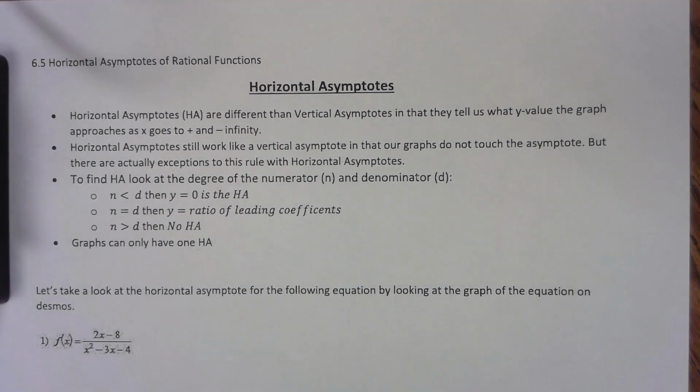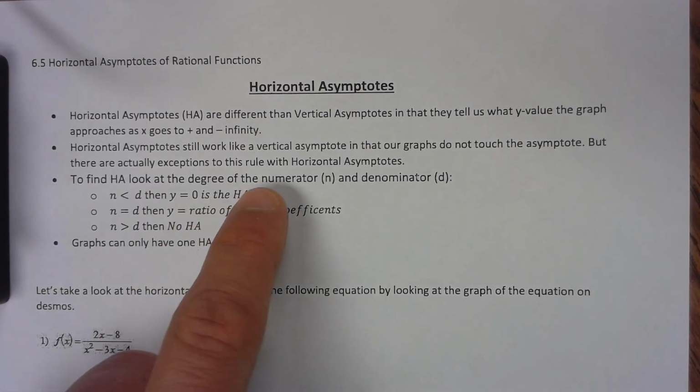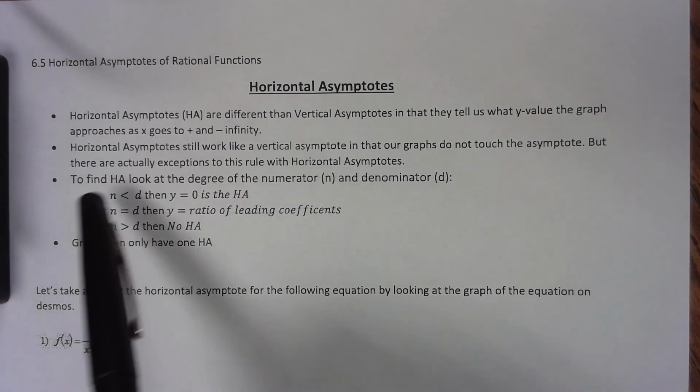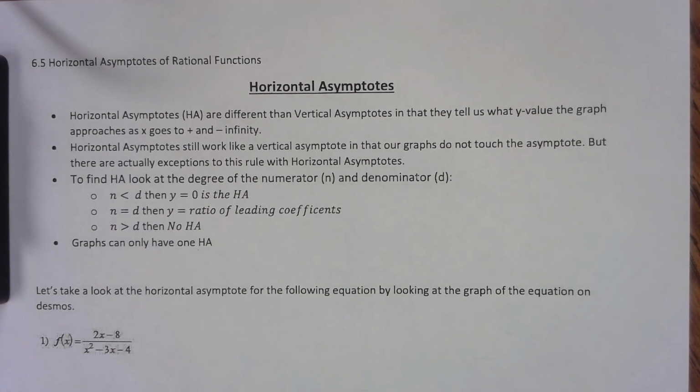All right, so there are three different cases of how we're going to determine the horizontal asymptote, and it depends on the degree of the numerator and denominator. Degree is the same thing we worked on in our unit on polynomials, the highest exponent. So all we're doing is comparing exponents from the numerator and denominator. If the numerator's degree is smaller than the denominator's, then our horizontal asymptote is y equals zero.